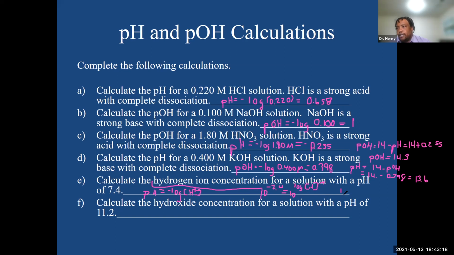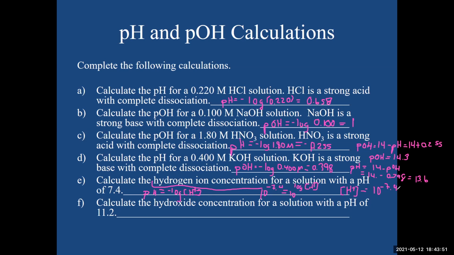And so then the concentration of H plus is just going to equal 10 to the minus 7.4. And if you put that in, I got 3.98 times 10 to the negative 8. Okay.